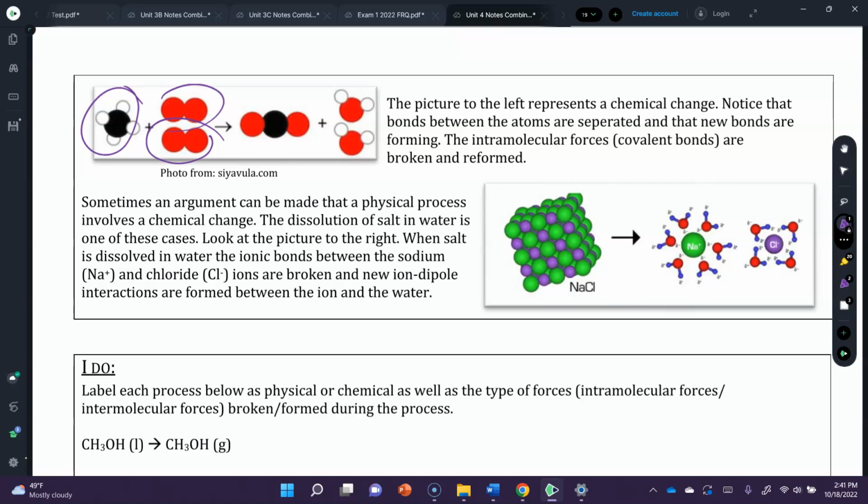Now, you could argue that. Generally, though, we say that this is a physical process because we can still evaporate off the water, which is a physical change, and get the salt crystals back. So it's not permanently being chemically altered, and with a little bit of energy, we can reverse that process.